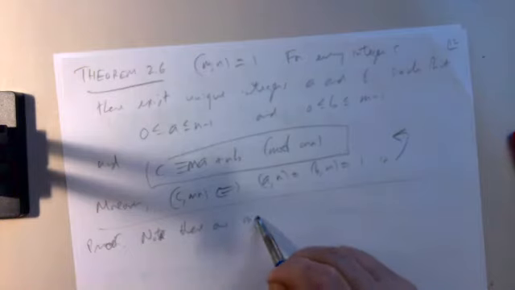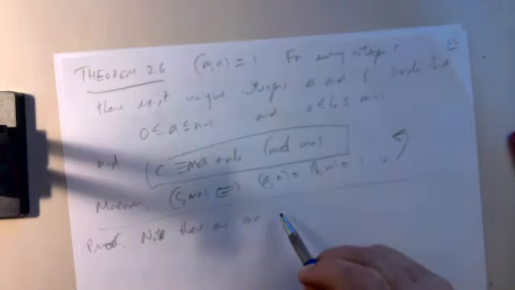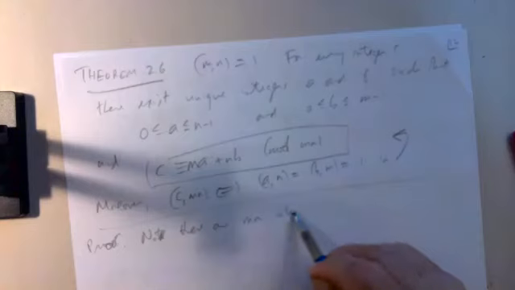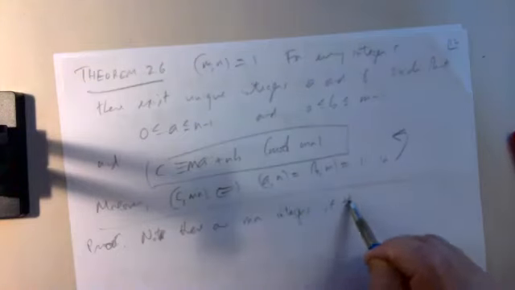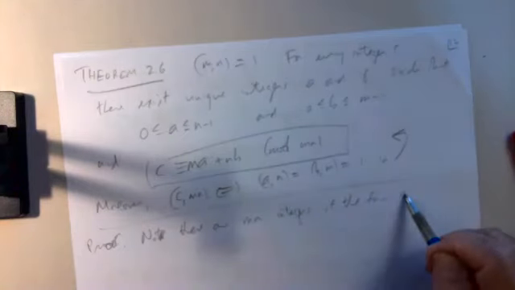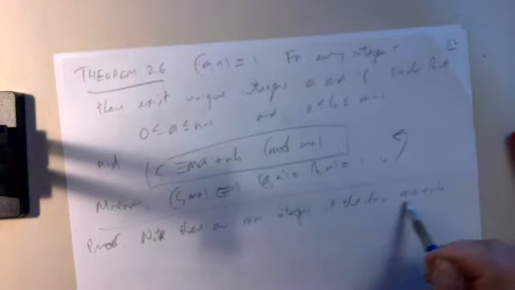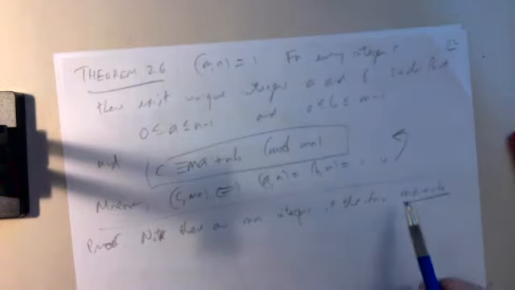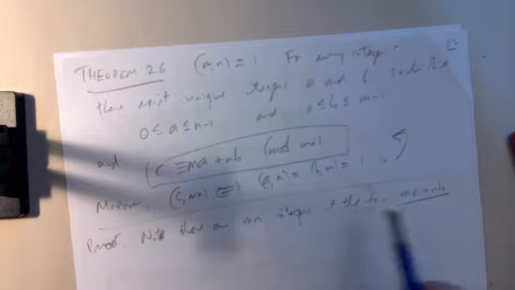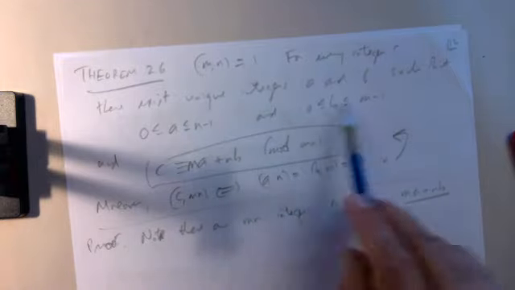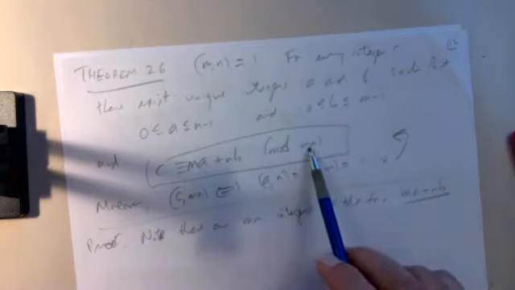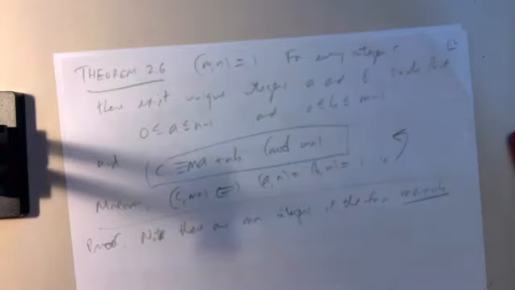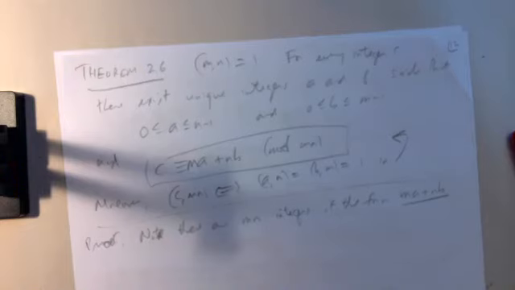So there are mn integers of the form ma plus nb. And if I can prove that no two integers of this form satisfying these conditions are congruent mod mn, then they represent mn different congruence classes. So they represent all congruence classes.